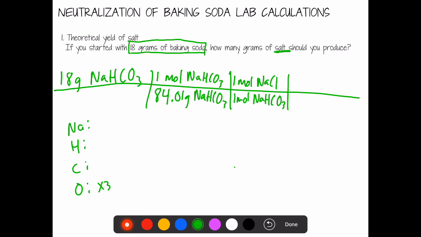And our last step is going to be to use the molar mass of sodium chloride to convert back to grams. So again, go ahead and pause the video here if you want to calculate that molar mass for yourself.